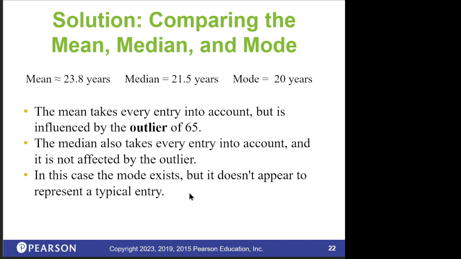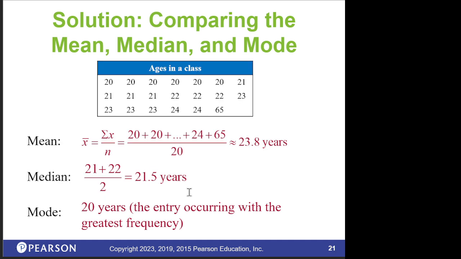And the 21.5 sits between the cluster of 22s and the cluster of 23s. If we come back up to the data and look at the median, 21.5, we see this cluster of 20s and 21s and this cluster of 22s and 23s trailing off with these 24s.